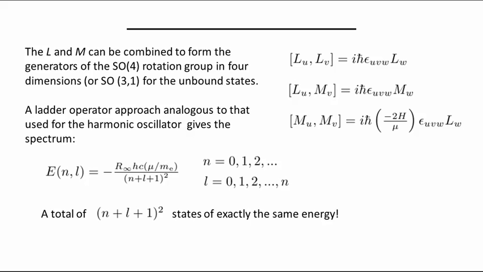Now, to get back to the angular momentum and Runge-Lenz vectors, these operators L and M together, let's just think about the bound states of hydrogen, they provide the generators of a rotation group in 4 dimensions.